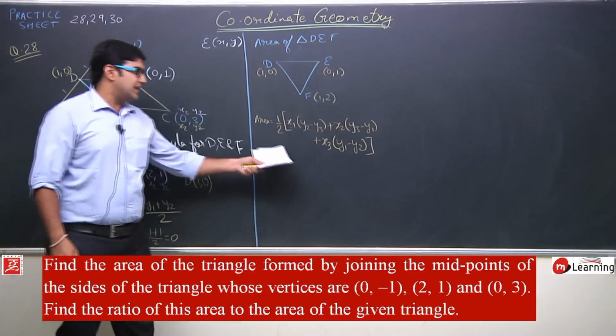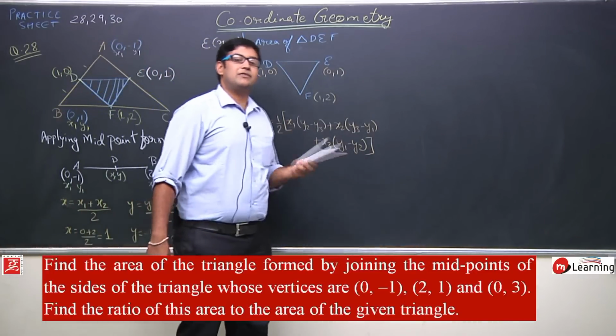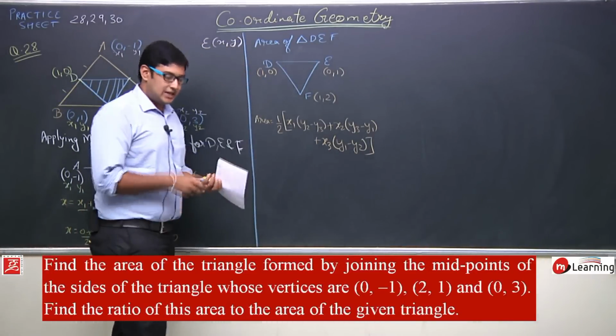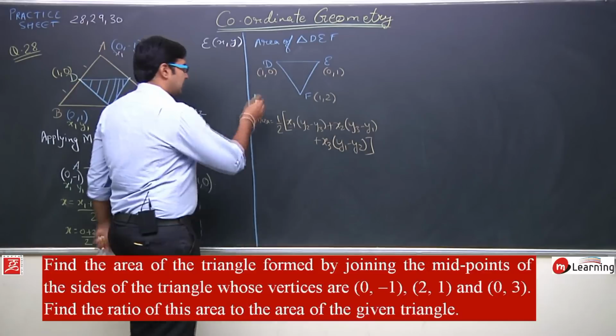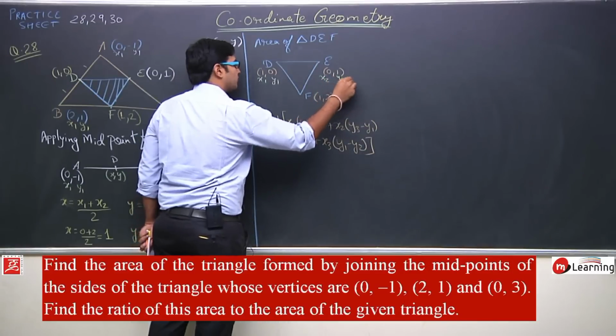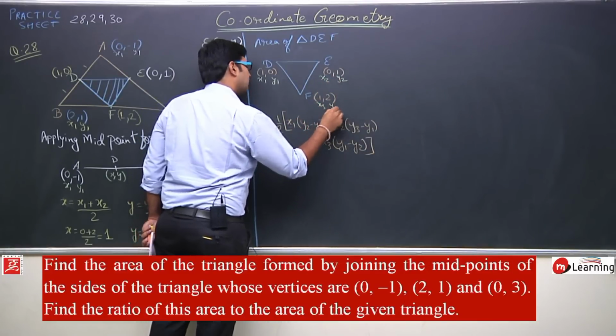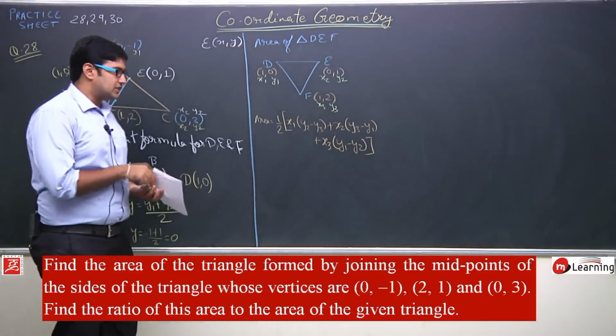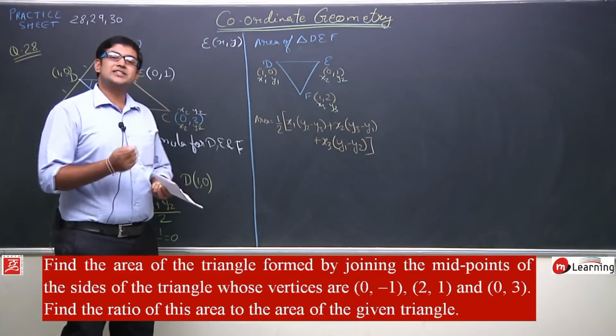So this is the area of triangle that we have studied previously. Now let us apply this formula. Let us say this is x1, y1, this is x2, y2, this is x3, y3.